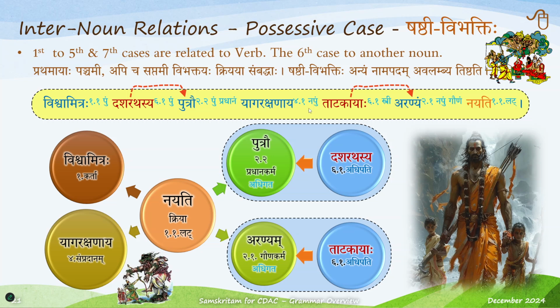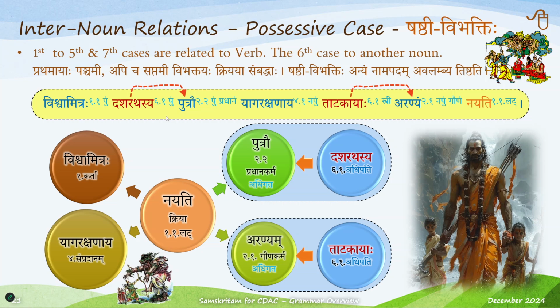Putras are the things that are taken, and aranya is the destination. The purpose is put in chaturthi, for the protection of the yaga, linked with the ni dhatu. Aranyam has gauna karma karakatva, and putrau has pradhana karma karakatva. But Dasharatha and Tataka are in shashti vibhakti, linking to the corresponding putrau and aranyam words.